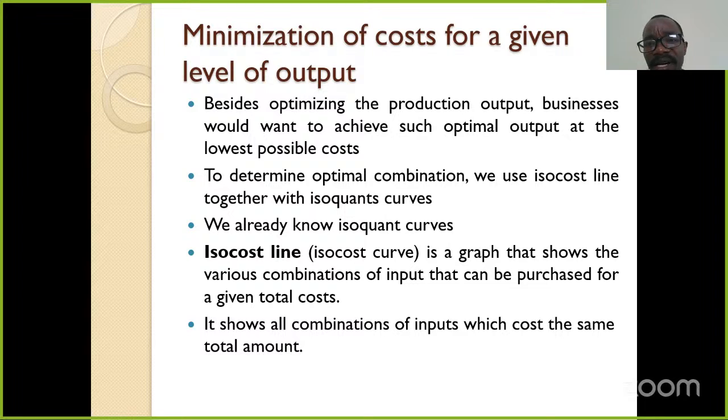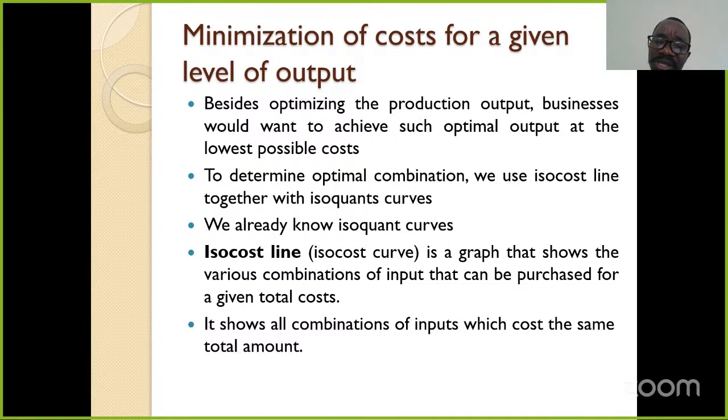The cost we're talking about here is the cost of the resources or the inputs. To determine the optimal combination, we use the isocost line, which has to do with the costs incurred in the production process, blended with the isoquant curves that show us the possible combinations giving us the same level of output.